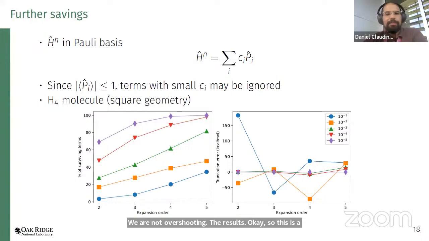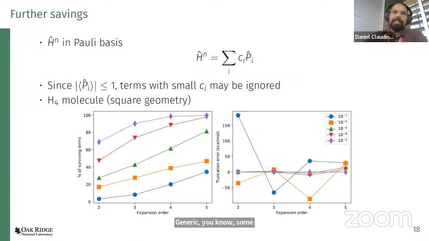So the idea is we can represent any power of the Hamiltonian as this generic sum of weighted Pauli strings. And the Pauli strings themselves, their expectation values are between -1 and 1.